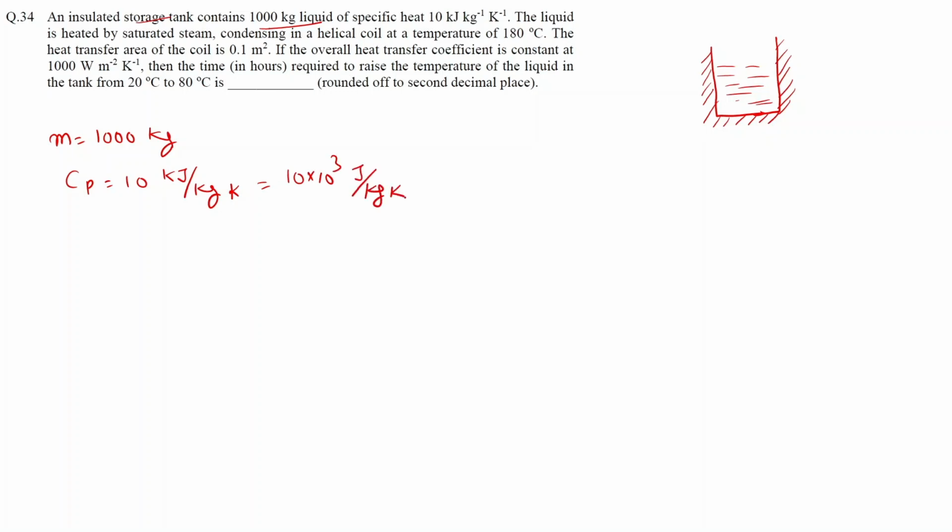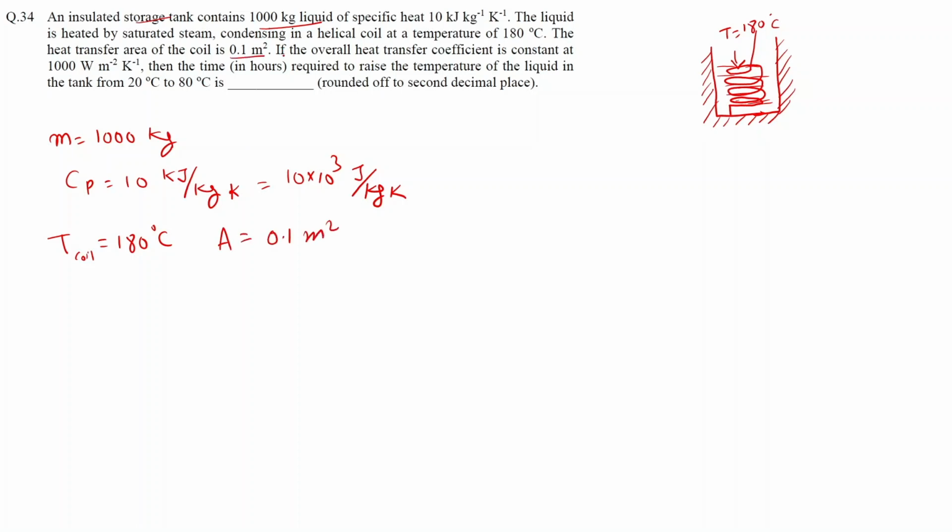joule per kg Kelvin. The liquid is heated by saturated steam in the condensing helical coil. So let's consider a helical coil inside the tank, and the temperature of the coil is 180 degrees Celsius, and the area of heat transfer is 0.1 meter square.